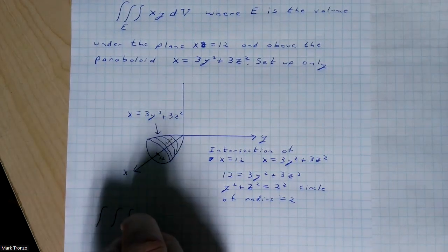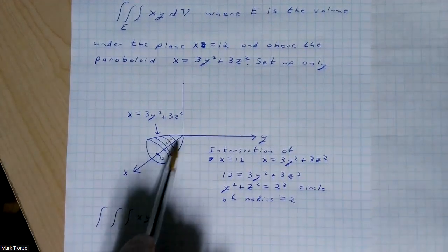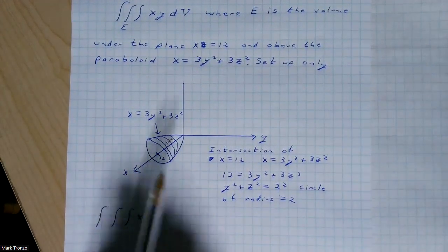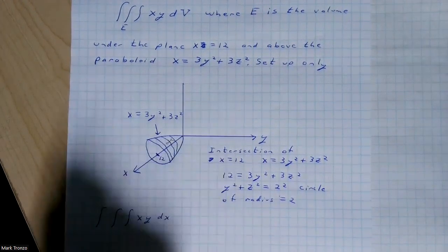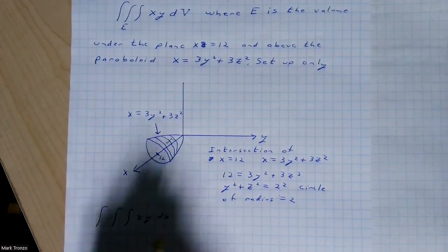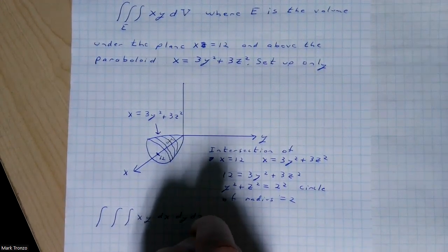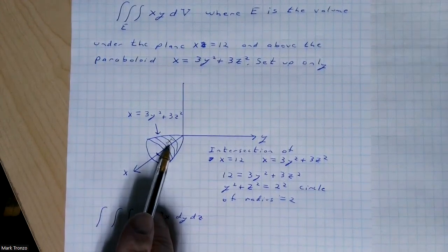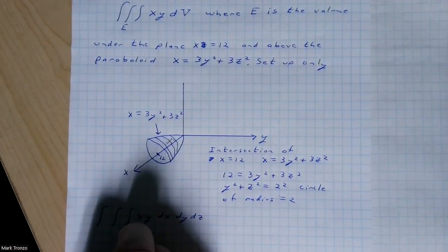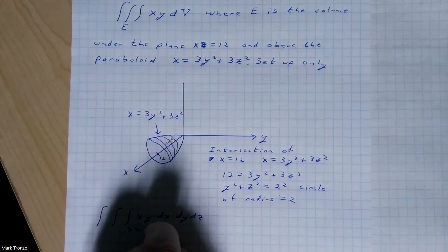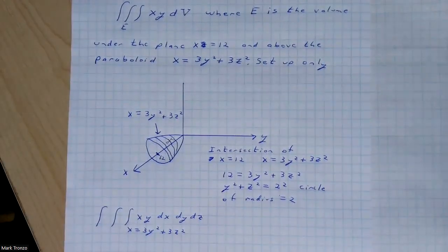Once again, we have x times y as our integrand. And like I said, it looks like we want to do x first. So we'll put dx here. And then maybe dy, dz. And so again, your feet are starting at x equals 3y squared plus 3z squared.